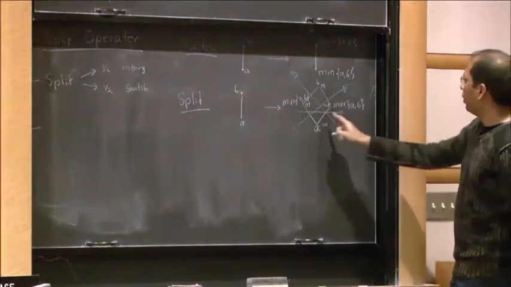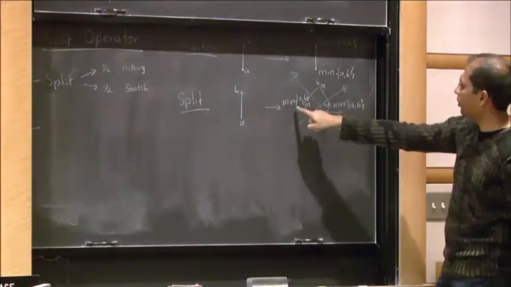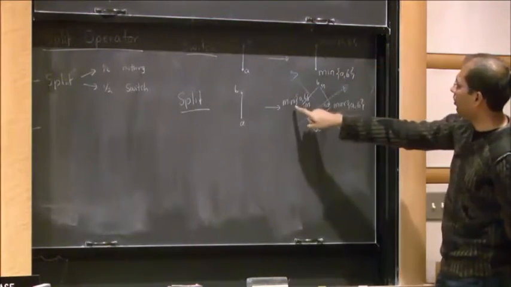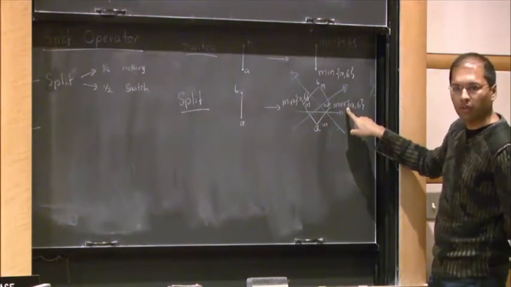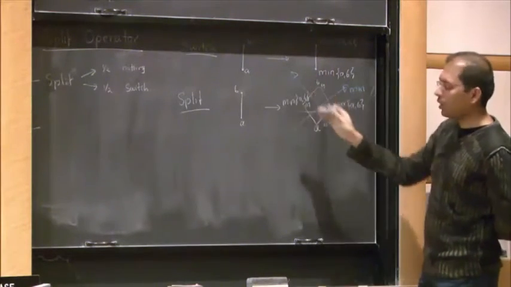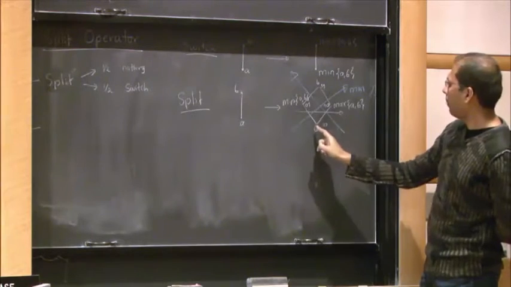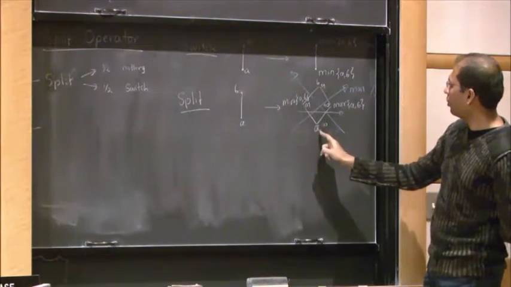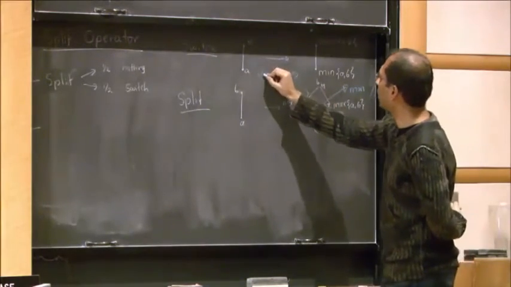In this direction, this function is monotone, because min of AB is less or equal to B, and A is less or equal to max of AB. In this direction it is reverse of monotone, or you could call it anti-monotone, because min of AB is less or equal to A and B is less or equal to max of AB.